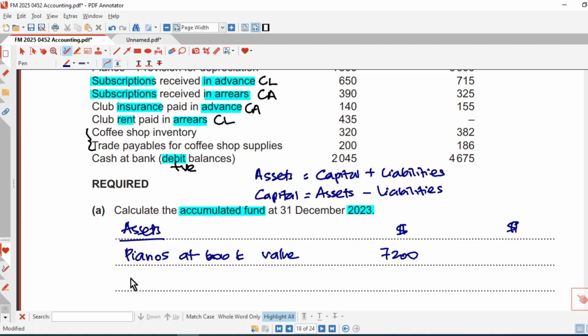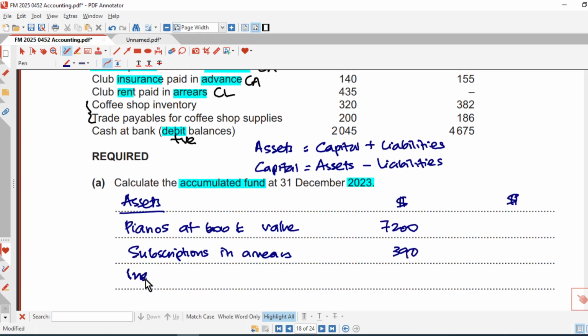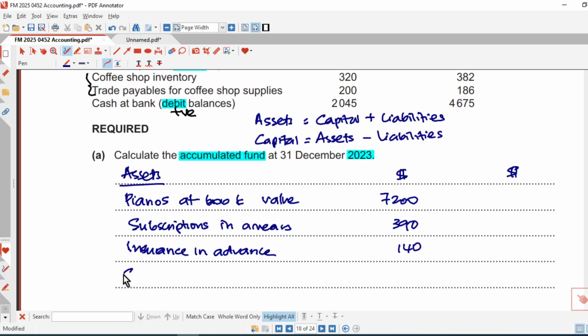So the next item I have, I've already remarked. So subscriptions in arrears, 390. Moving on to insurance in advance, 140. And I also have my coffee shop inventory, right? My stock is also my asset, 320. Trade payables, I owe them money, so this is more of a liability.